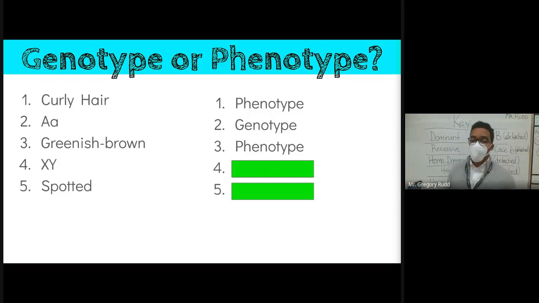Now, these two are connected, right? So I can describe my eye color phenotypically by saying I have brown eyes. That's the phenotype. I could also describe that same eye color genotypically by saying, oh, my genotype is homozygous dominant, right? So we can describe the exact same trait in two different ways. I can describe it with the phenotype or with the genotype. Does that make sense?